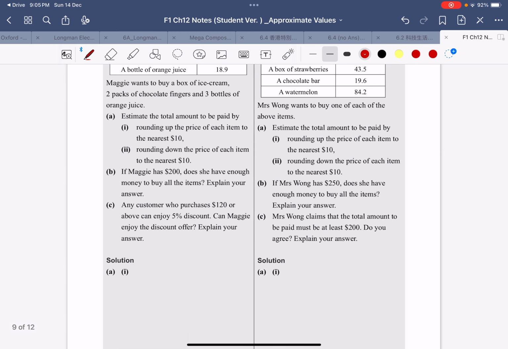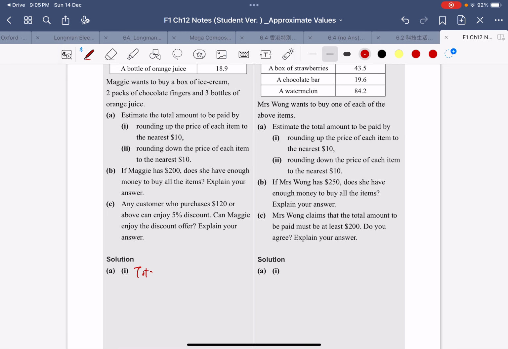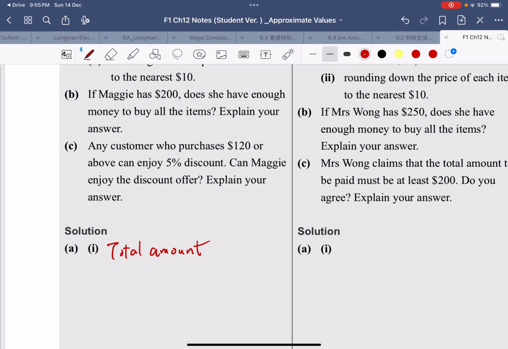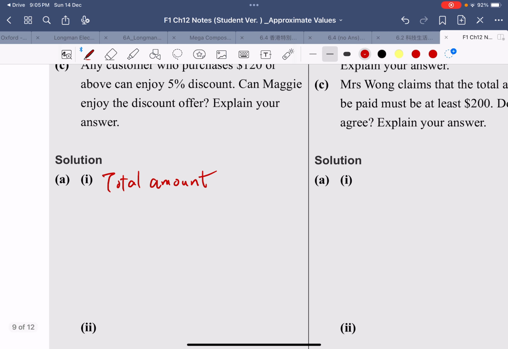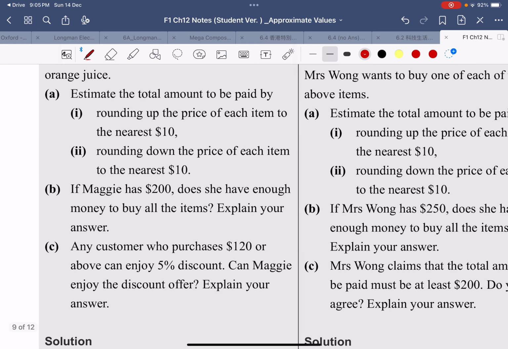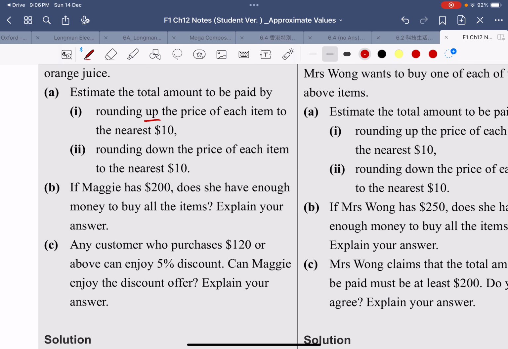Okay, originally you need to calculate the total amount. Make it bigger, and then the total amount will be just add up some numbers according to the amount that she wants to buy. And then you need to round up to the nearest 10.